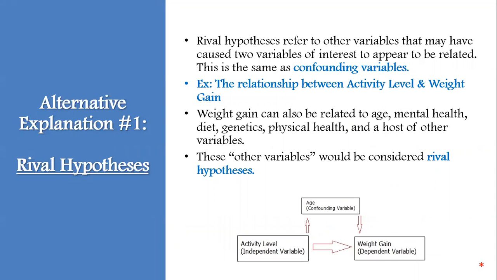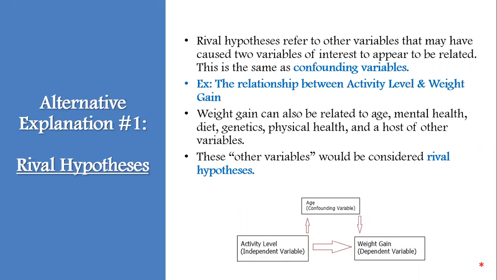The first alternative explanation is related to rival hypotheses. Rival hypotheses refer to other variables that may have caused 2 variables of interest to appear to be related. This is the same as confounding variables.